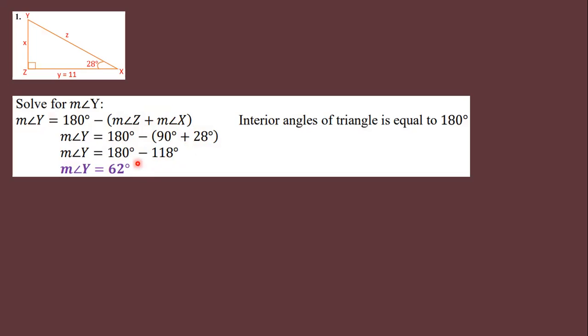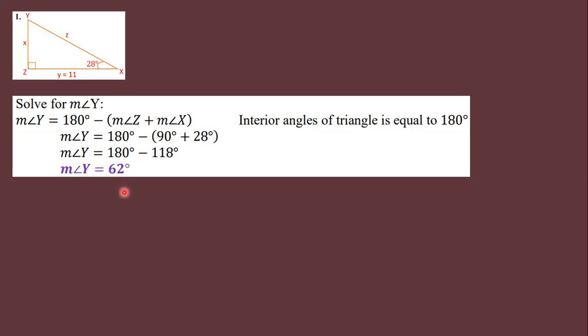Now subtract 180 degrees minus 118 degrees, which is equal to 62 degrees. Therefore, the measurement of angle y is equal to 62 degrees. And that's the answer for the angle.